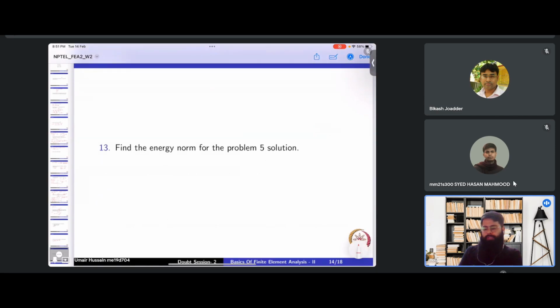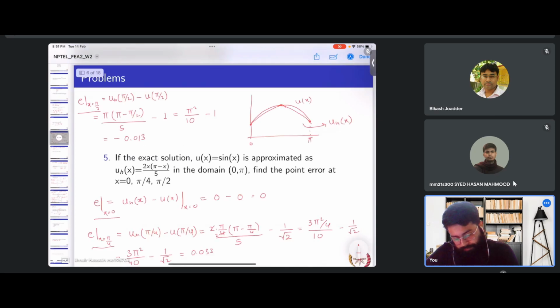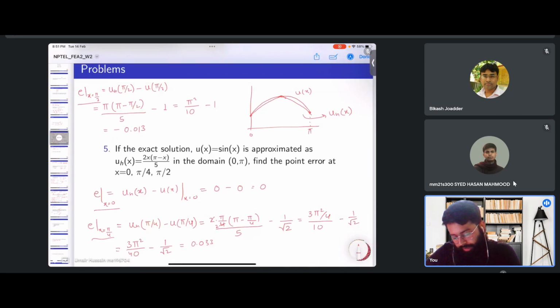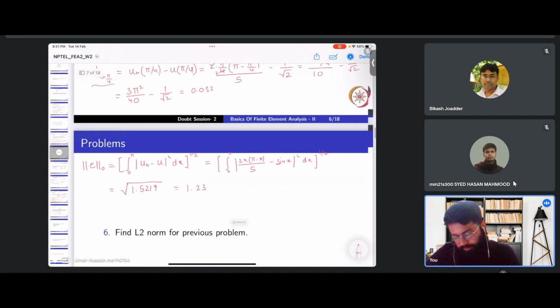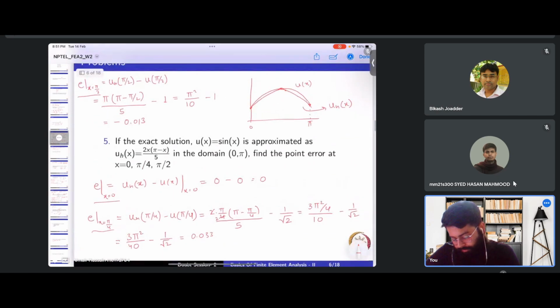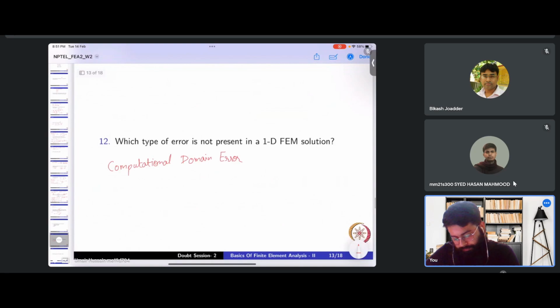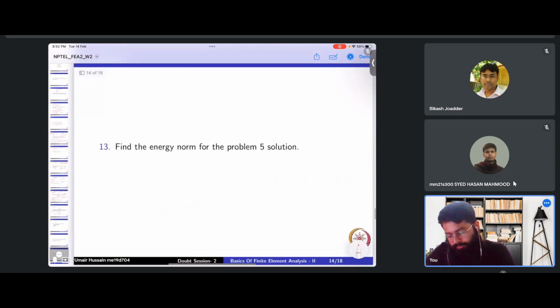Okay, so we did find some types of error in problem 5, right? We found the point error, then we found the L2 error. Now we need to find the energy error.